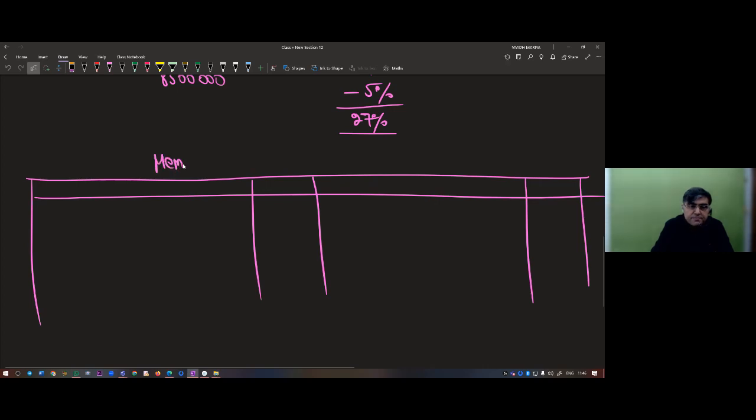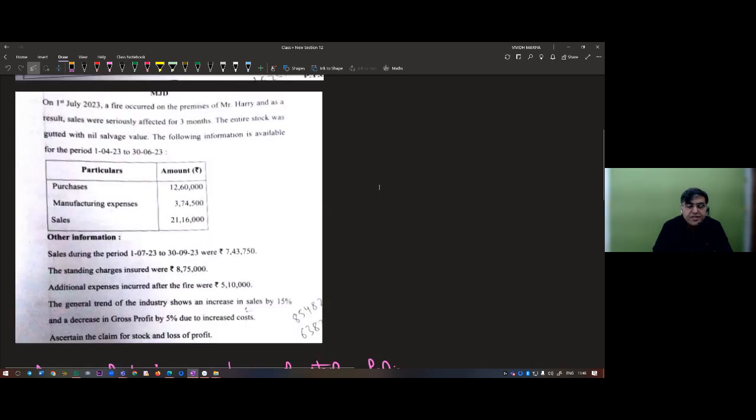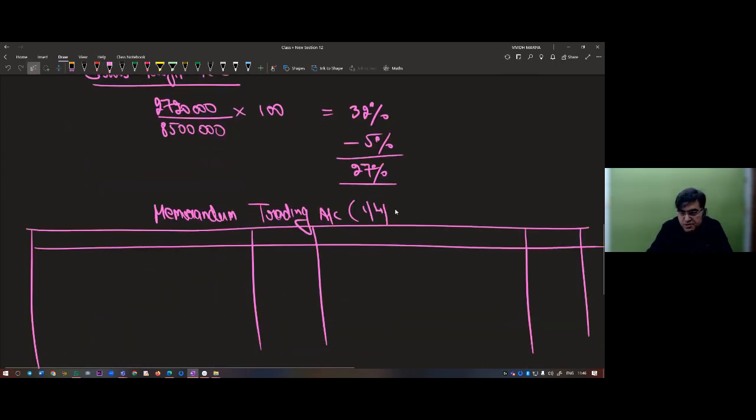Memorandum trading account, 1st April 23 to 1st July 23.